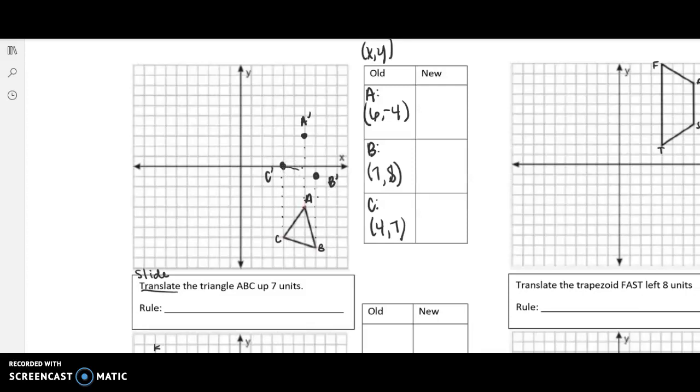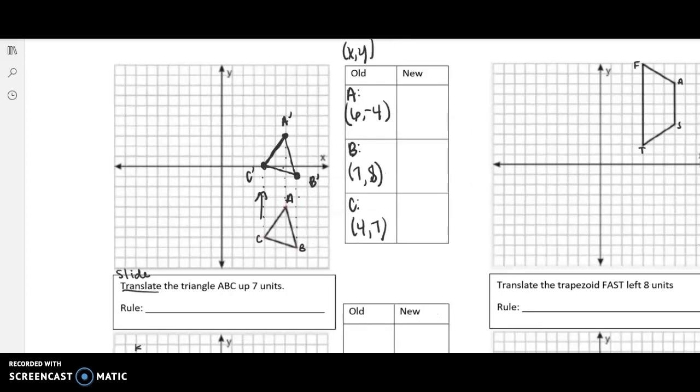So when I connect my triangle, you can tell that the size of my triangle is the same. All I did was move it up. So the shape and the size stayed the same, and all I did was translate it up or slide the figure up.